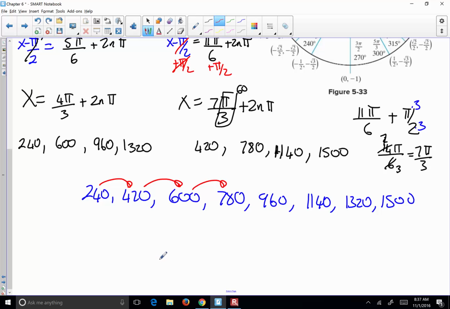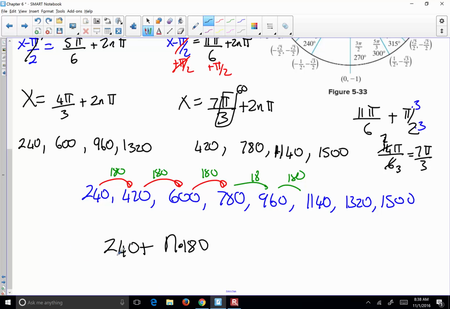Come on, you must see it. 180. Yeah, perfect. Every time you're increasing by 180. But what is the initial amount you started with? 240 plus multiples of 180, n times 180, right?